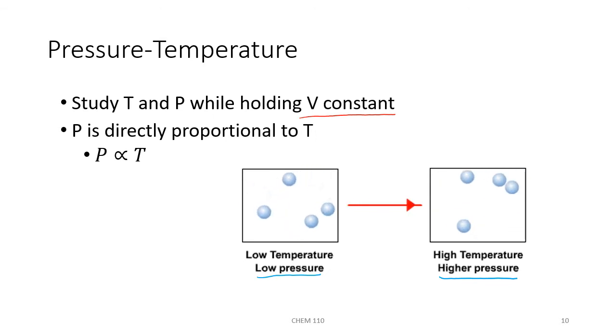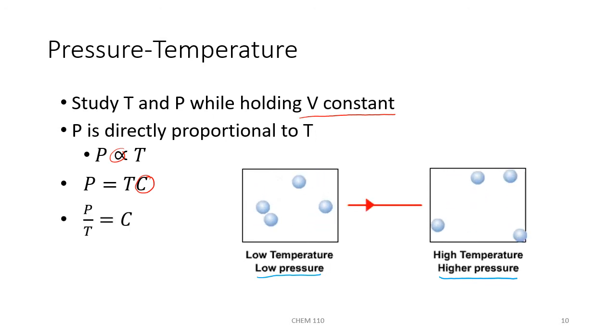So to get rid of our proportionality sign, we'll introduce our gas constant. We'll solve for our gas constant, C. That would mean pressure over temperature is equal to C. And we want to talk about two states to compare, so some initial and some final state, which we often refer to by using subscripts 1 and 2.